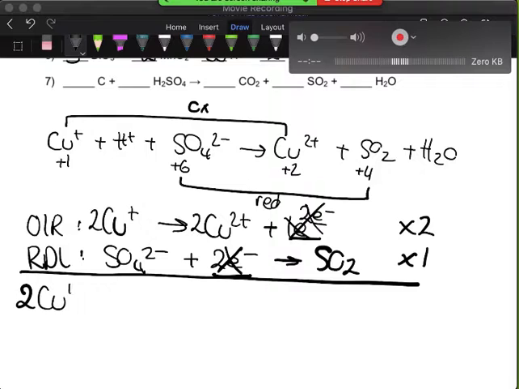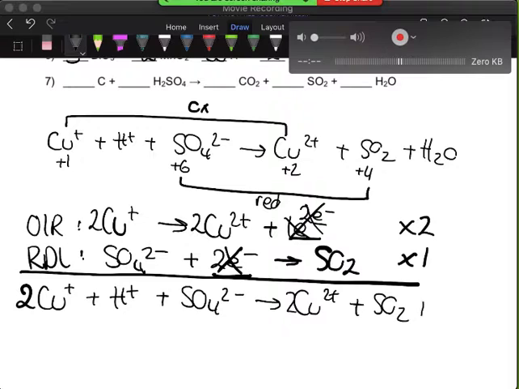So 2Cu plus H plus SO4 2 minus goes to 2Cu2 plus SO2 plus H2O. And the rule is you balance your oxygens first. So I'm now looking at my left hand side.